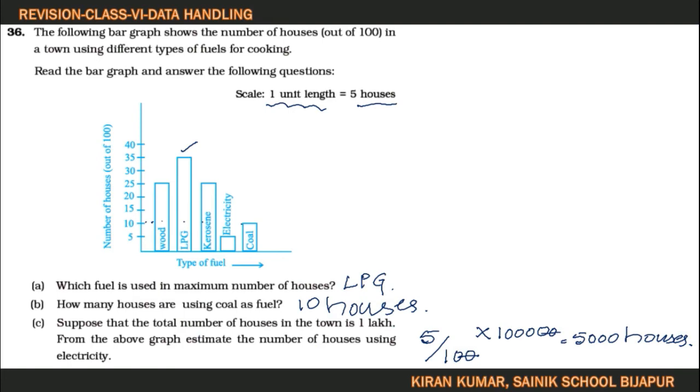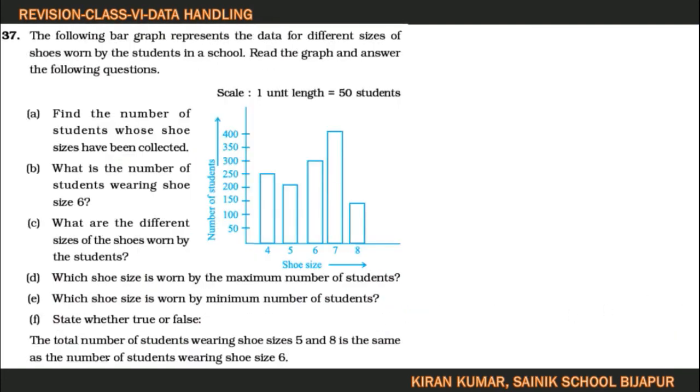Next question. Question number 37. The following bar graph represents the data of different sizes of shoes owned by the students in a school. Read the graph and answer the following question. Here 1 unit length is equal to 50 students. Find the number of students whose shoe size have been collected.